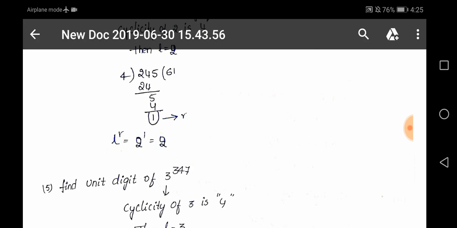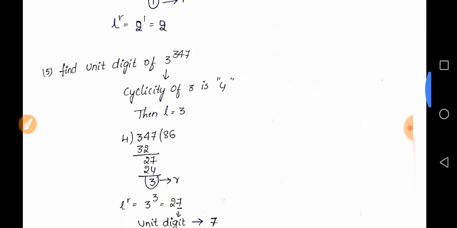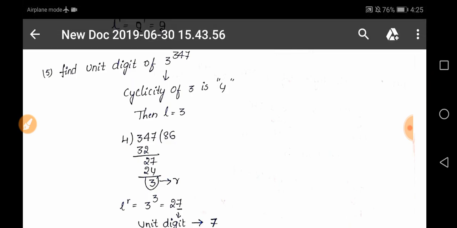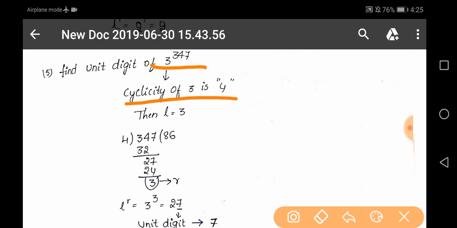Let us go with some other problems. Find the unit digit of 3 power 347. The cyclicity of 3 is 4 and the last digit is 3, right? Dividing 347 by 4, the remainder is 3.